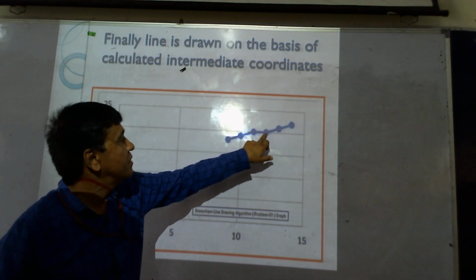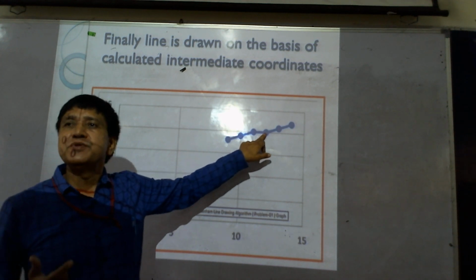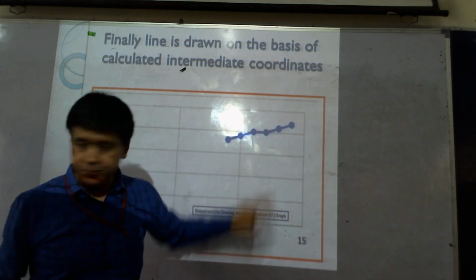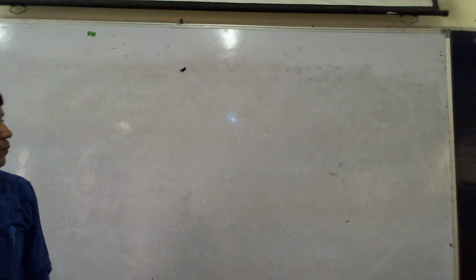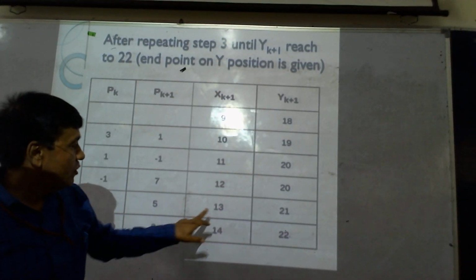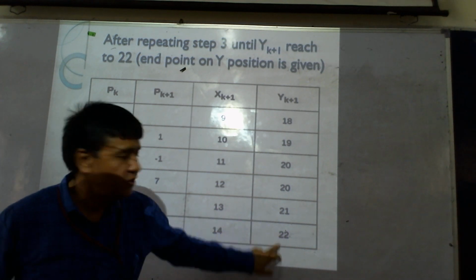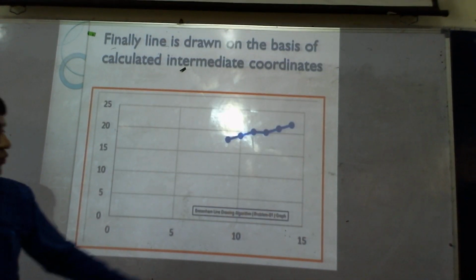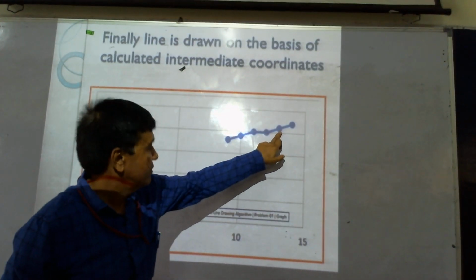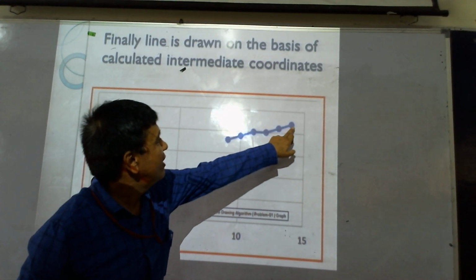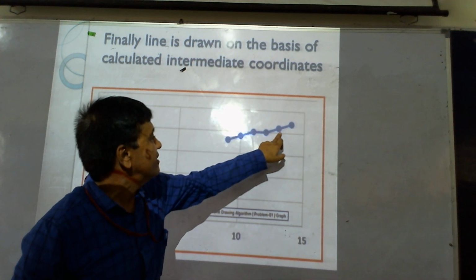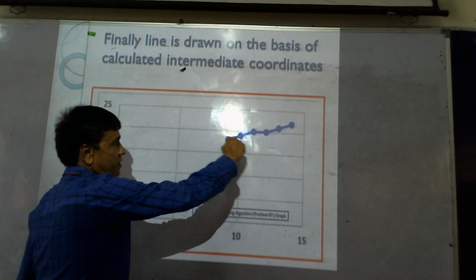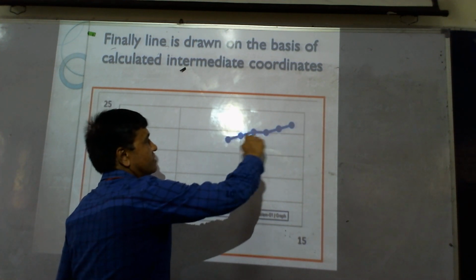This is again another pixel coordinate for drawing the Bresenham line. And now 13, 21 and 14, 22 are also drawn in a similar way here. These are the end coordinate and the second last coordinate. Using these coordinates we can draw the lines.